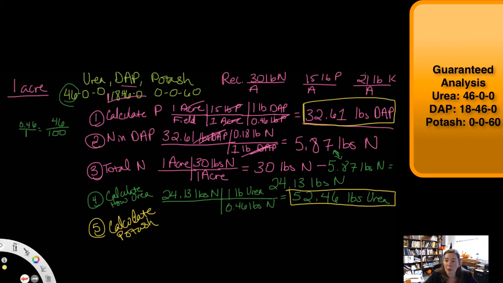So for our potash recommendation, we have 21 pounds of K per acre. So we've got 1 acre. Our recommendation is 21 pounds of K per acre.